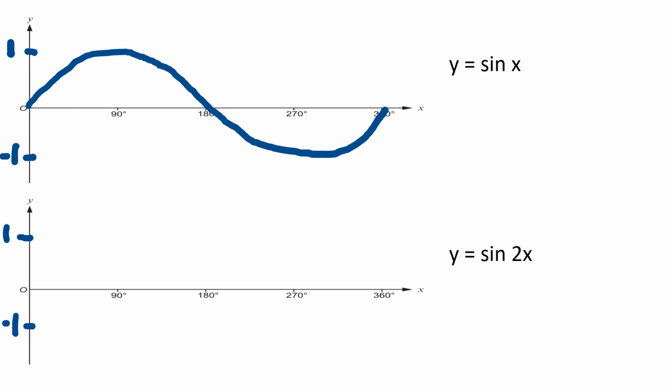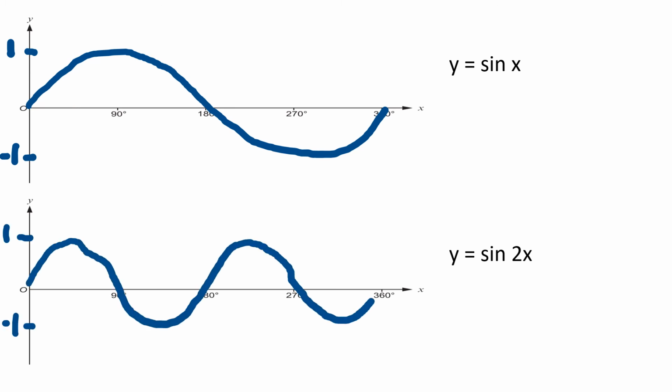If we draw that, we'll see it's going up and down, and when it used to take 360 to do a whole period, we've now got a period of 180. Amplitude is unchanged. There we go. Done it. Well done us.